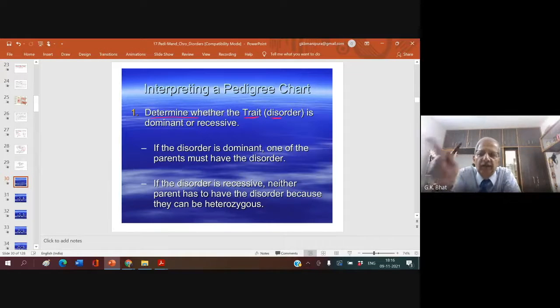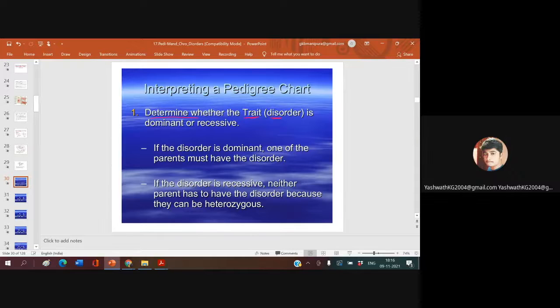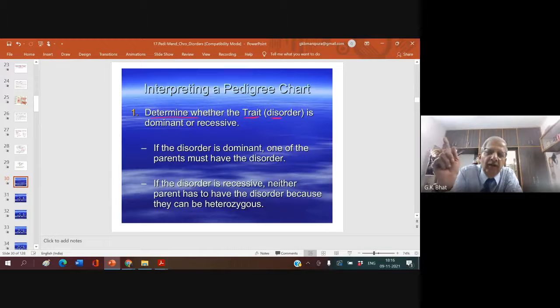Having color blindness is a disorder. A trait means some additional character; it need not be a disorder. What is the condition called, having one more finger? Polydactyly.